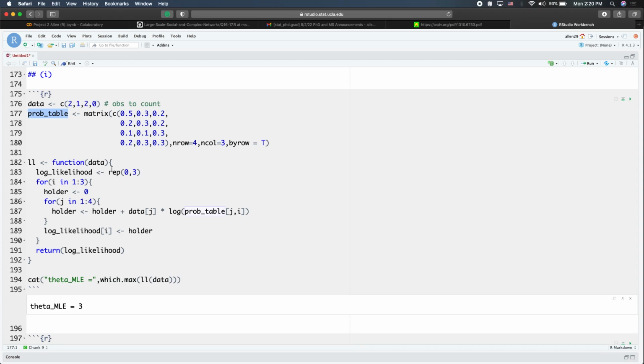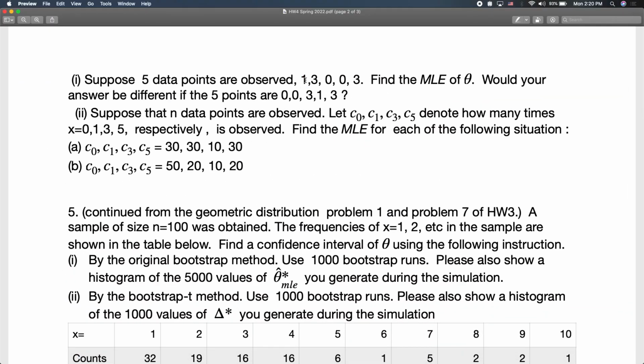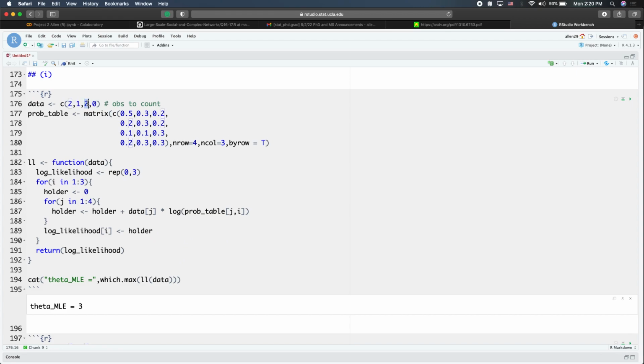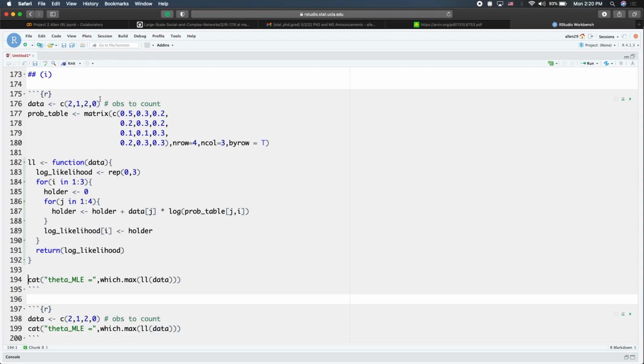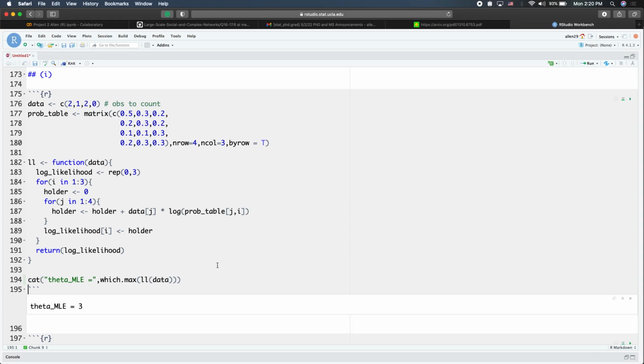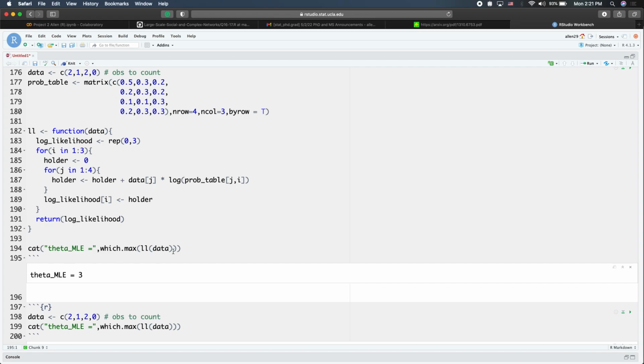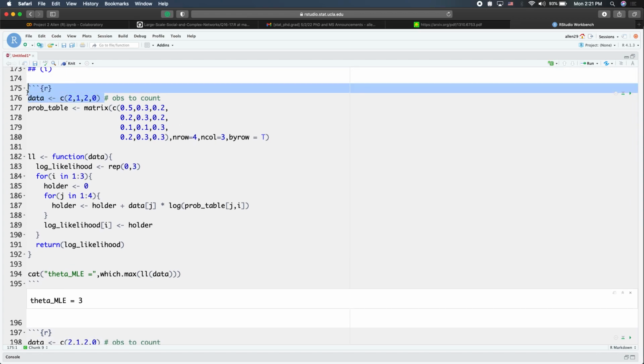Basically this function calculates the log likelihood for the same data under the 3 distributions. Then we look for which of them has the maximum. In this case, we have 2 occurrences of 0, 1 occurrence of 1, 2 occurrences of 3, and 0 occurrences of 5. So we plug into our log likelihood, evaluate it for the 3 different distributions, and look for which has the maximum. We can see that this data set achieved the maximum log likelihood when theta equal to 3.